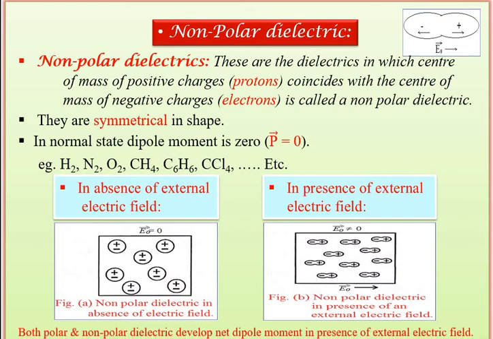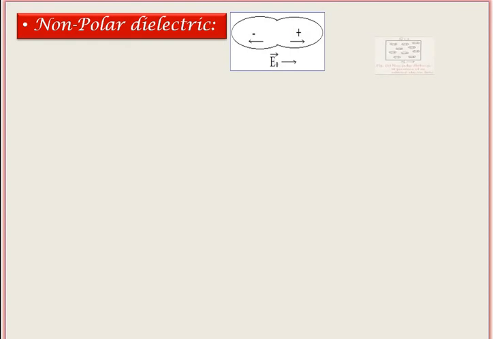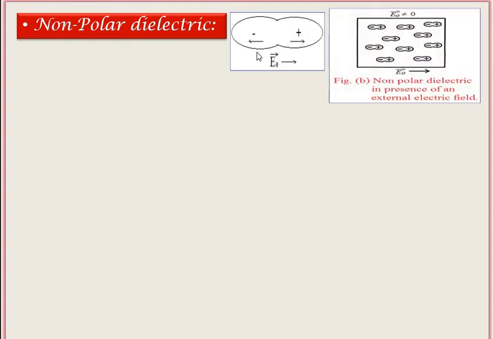In both cases, that is in polar dielectrics and in non-polar dielectrics, they develop a net dipole moment in the presence of the external electric field. The figure shows the positive charge displaced in the direction of the external electric field and the negative charges displaced in the opposite direction.